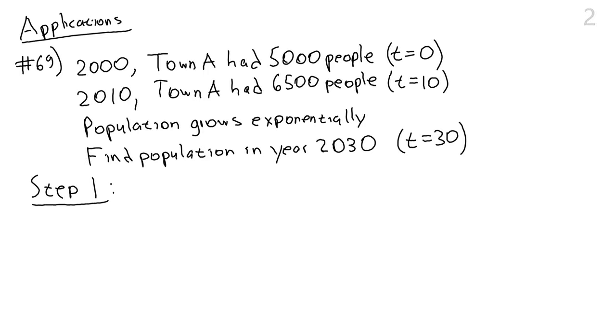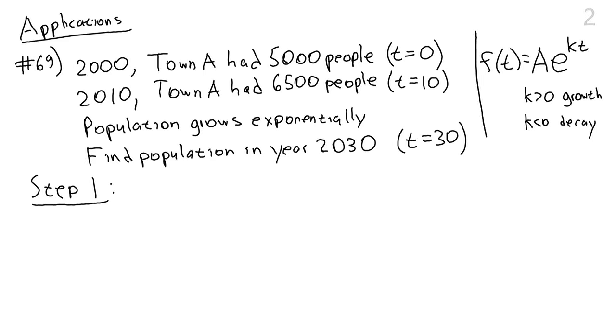All exponential models are going to look like this. All exponential models start with some beginning population, and then we can model this with the exponential function e to the kt. If k is positive, this is a growth situation. If k is negative, this is a decay situation.